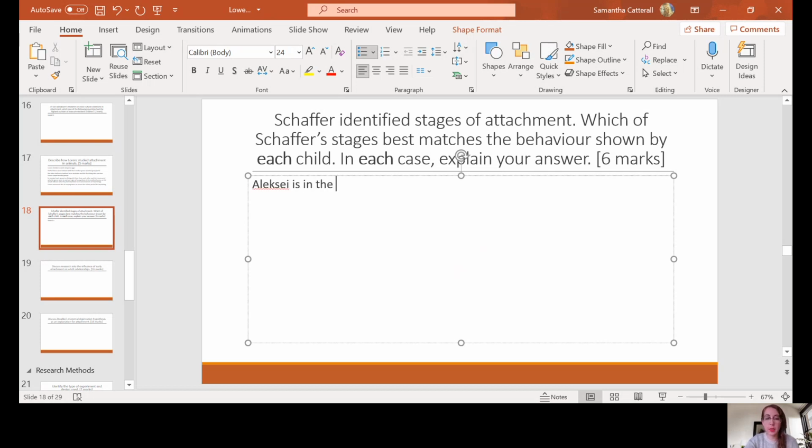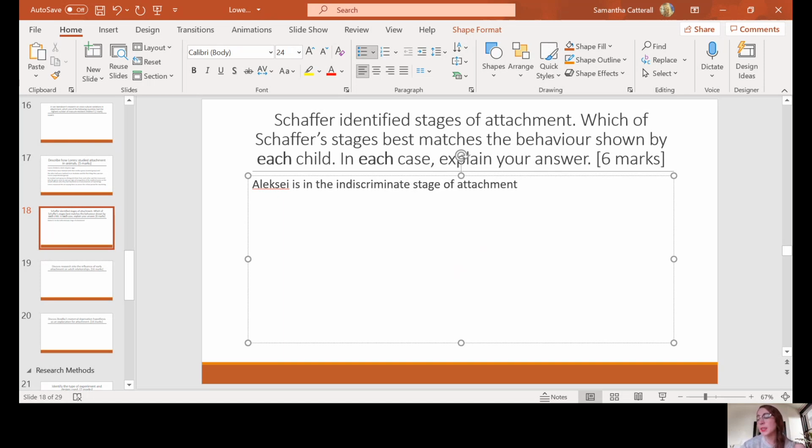Alexi is in the discriminate stage of attachment. If you think about what Alexi's doing, that child's quite happy to just play, not demonstrating any separation anxiety or stranger anxiety. They're just happily playing.